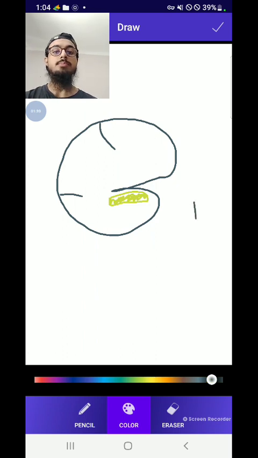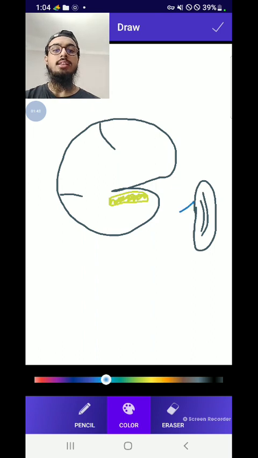So I will explain it a little bit. When the voice comes to the ear, how does it travel from the internal ear? The information goes towards the vestibulocochlear nerve, which is the eighth cranial nerve, and then it goes towards the respective area, which is the primary auditory cortex.